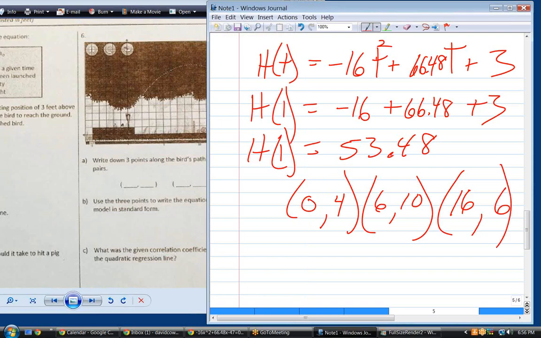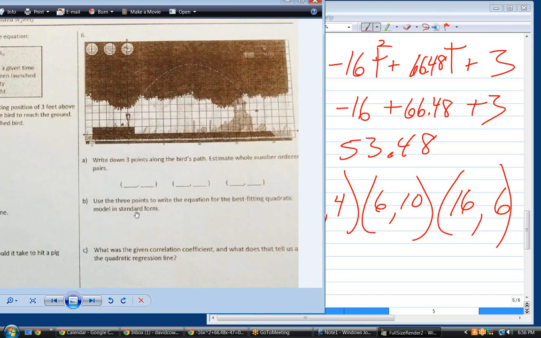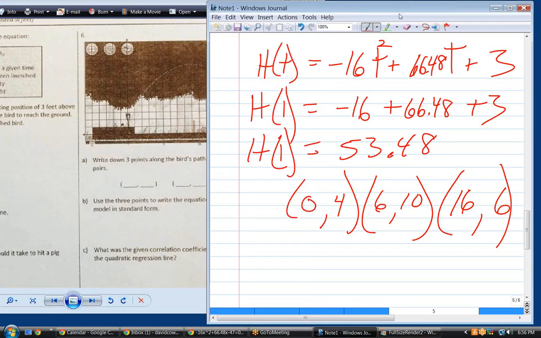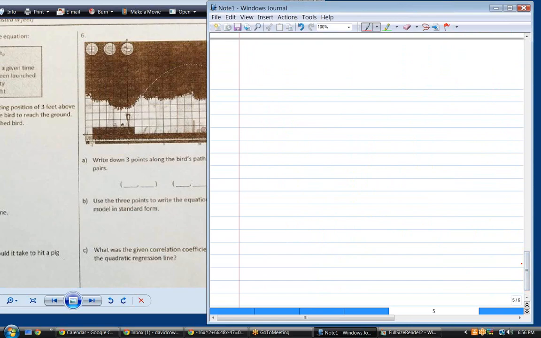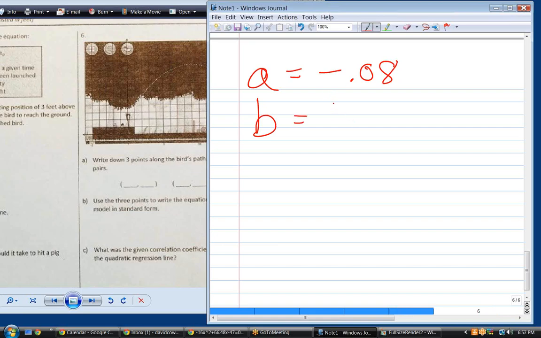Okay. And you know how to do this in your calculator? Yeah, I'm doing it right now. And then 4. I got negative 0.08 for A. What for B? 1.52.